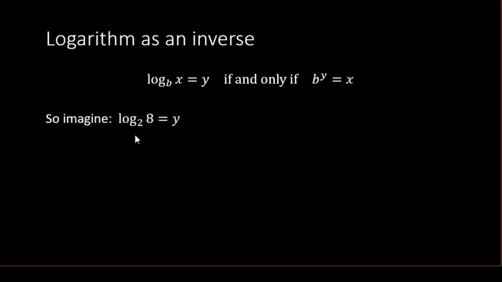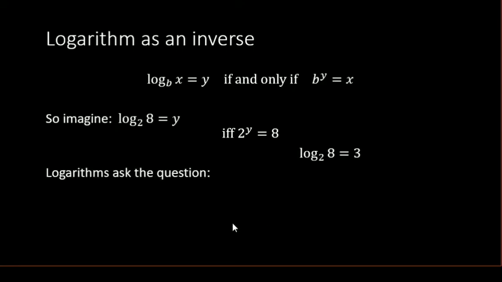This is really how we think about logarithms. The way your brain can wrap around this is by noting that it's basically the opposite of a separate problem. Log base 2 of 8 is y if and only if 2 to the power of y equals 8. That's how the inverse works. So we're looking for the exponent that you stick on 2 in order to get 8. And of course, 2 to the third power is 8, which means the answer to this logarithm is 3, because that's the power you stick on 2 to get 8.